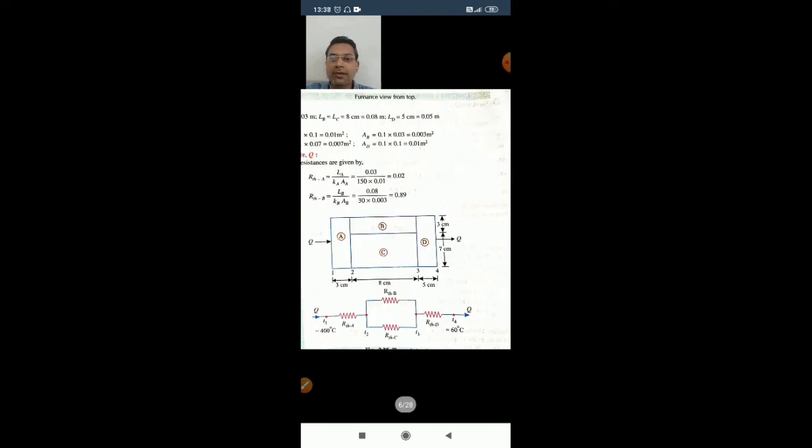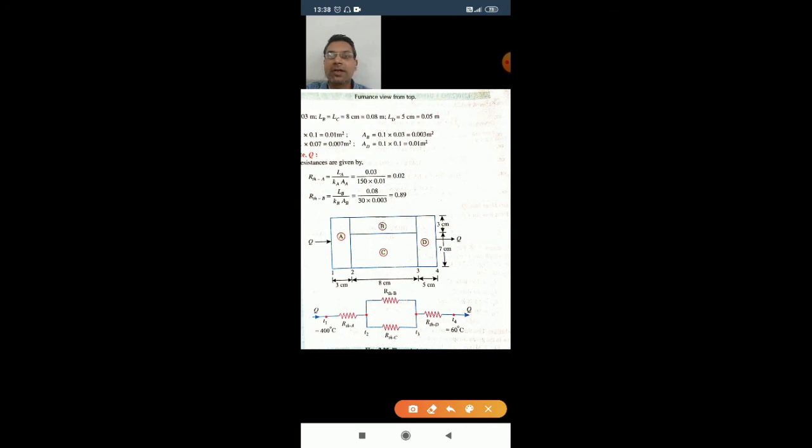So hopefully you have got the concept of how the thermal resistance concept is used here. You can view it once again: just like your electrical circuit, the analogous is the thermal circuit, where you are converting the parallel system into a series system so that you can join the whole resistance.